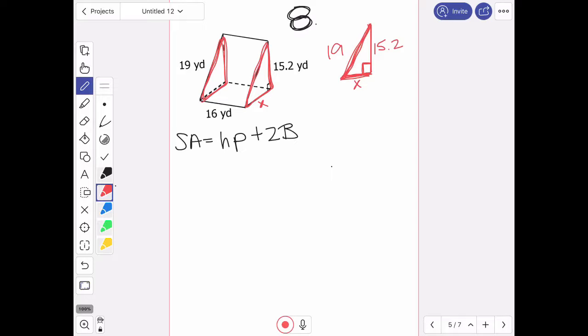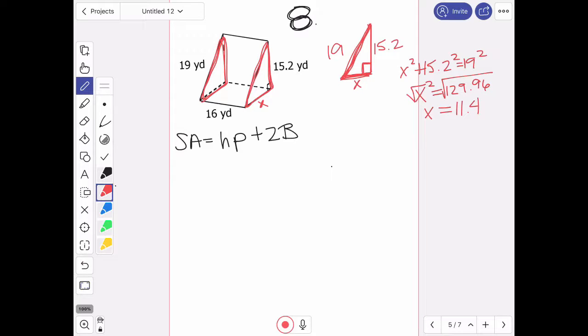So I'm going to use the Pythagorean theorem. Take x squared plus 15.2 squared equals 19 squared. And I would get x squared to be 129.96. Okay, then I have to take the square root, and x is 11.4.